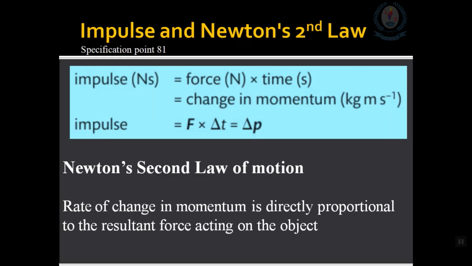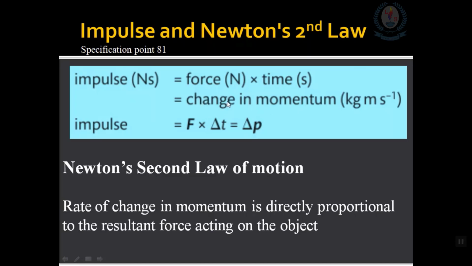However, if you can remember the definition of force by Newton's second law, it says that rate of change in momentum is directly proportional to the resultant force. Okay, so it tells us that resultant force is equal to rate of change in momentum, which means resultant force is equal to change in momentum divided by time taken.